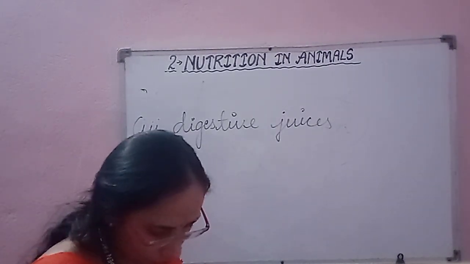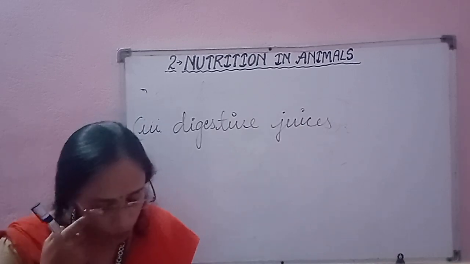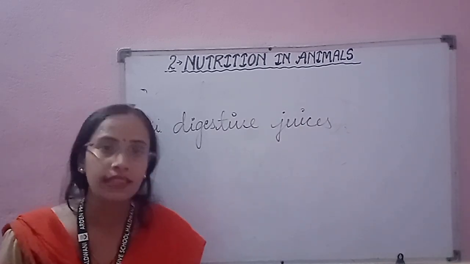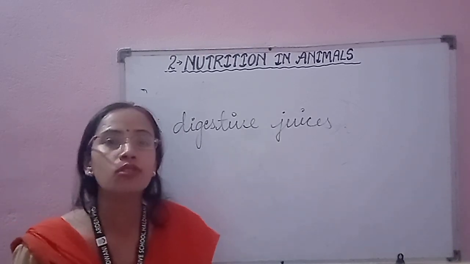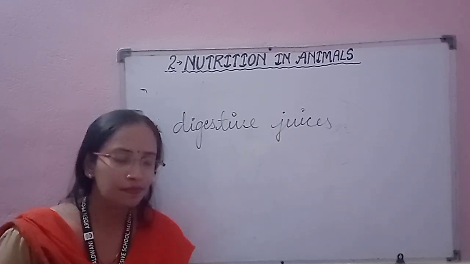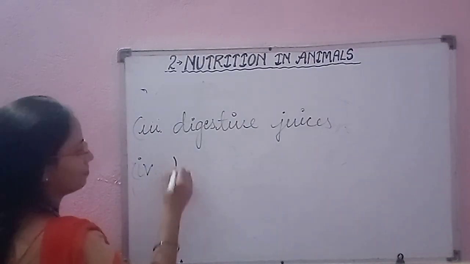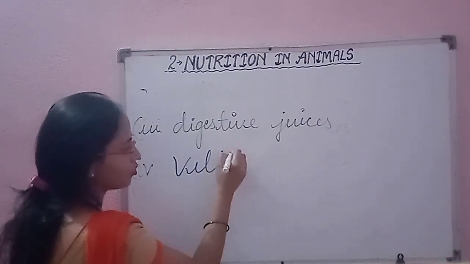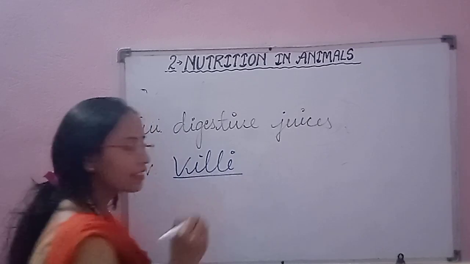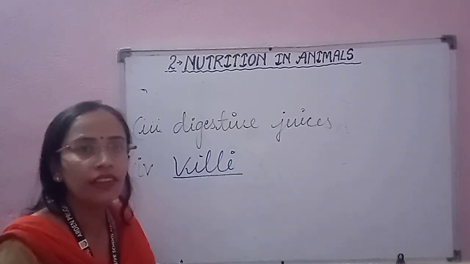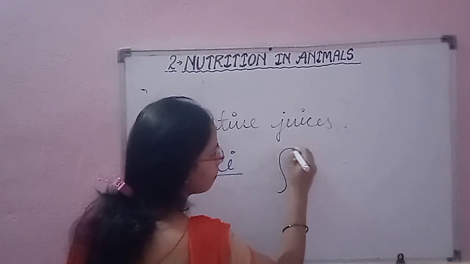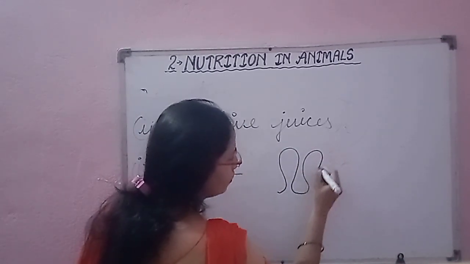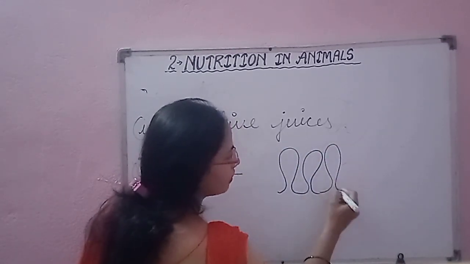Now the fourth one. The inner wall of the small intestine has many finger-like outgrowths called villi. These villi increase the absorption area. These are the finger-like outgrowths like this. These are the villi.